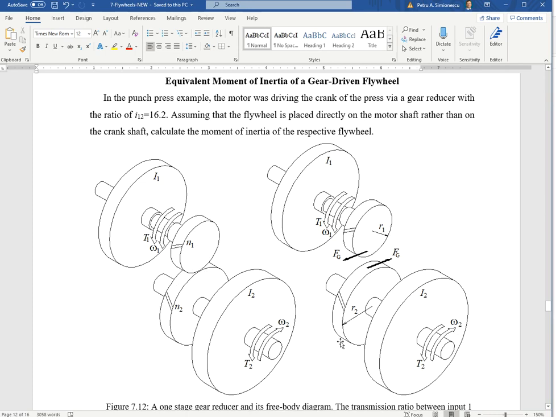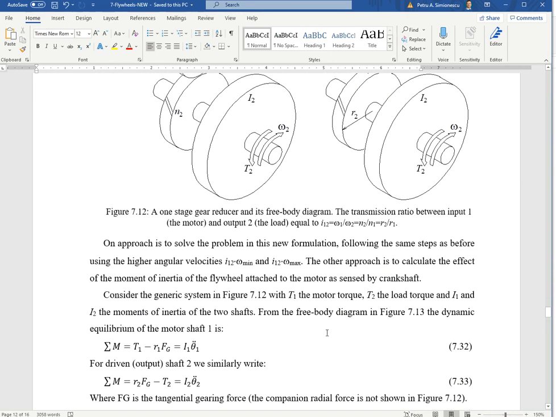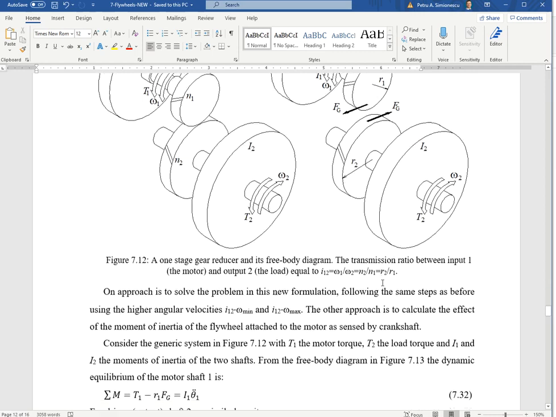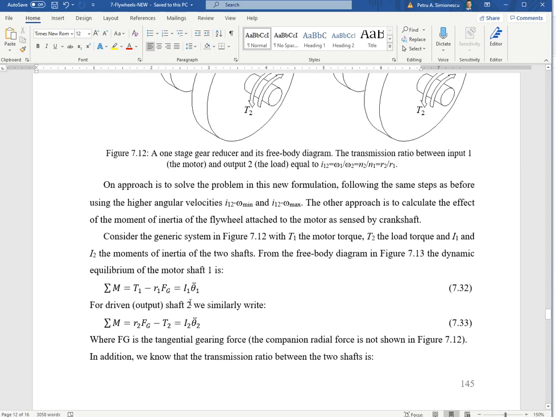So here's a free body diagram showing the gearing force, just the torque generating force, not the radial forces. We know those exist, and we can solve the problem two ways. We can do dynamic equilibrium equations with sum of moments about the axis of rotation of the first shaft, and sum of moments about the axis of rotation of the second shaft.